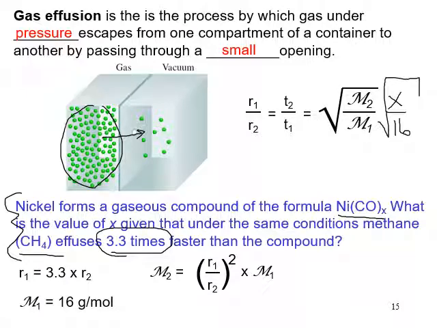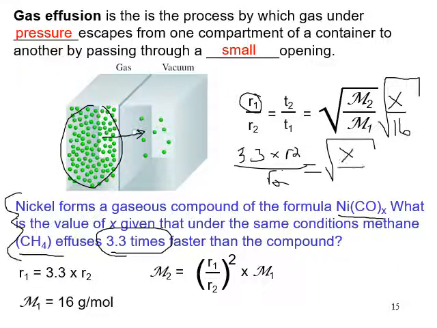Square root of that. And then M1 is on the bottom, R1 is on the top. So R1 is equal to 3.3 times R2, divided by R2, and that equals the square root of X over 16. And then the R2s are going to cancel out. Then we can solve for X, because the square root is the same thing as something to the 1/2 power.